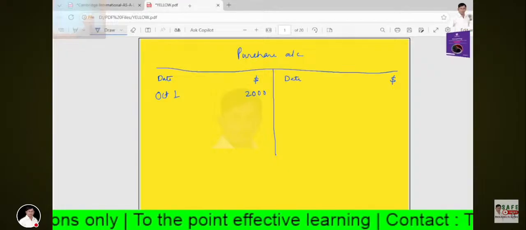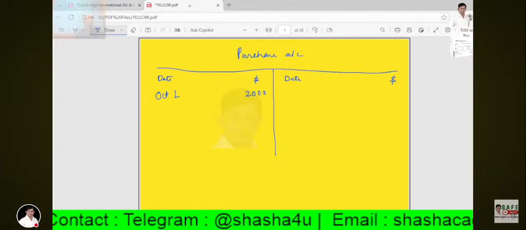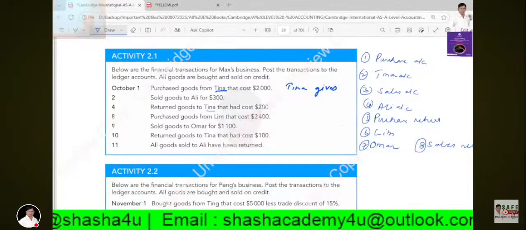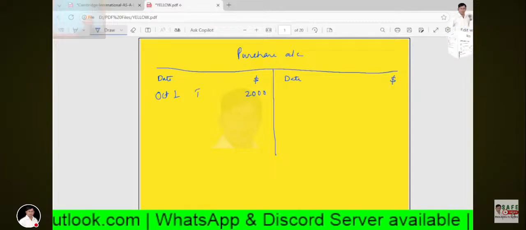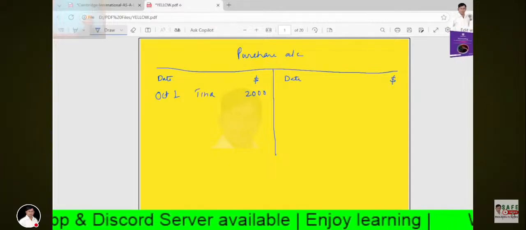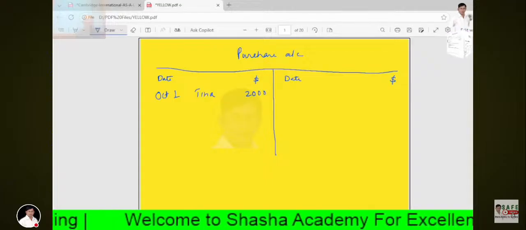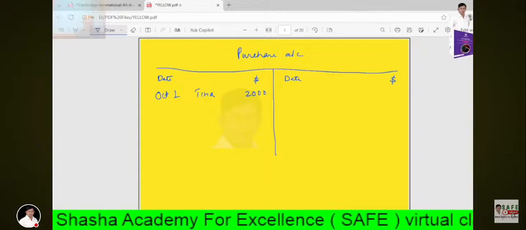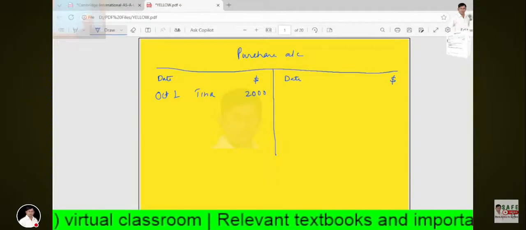Purchase account debit means the purchase account is debited. With whom? From whom have you purchased? You have purchased from Tina. The purchase account has been debited and Tina's account has been credited. This is the completion of the entry. So we have to prepare Tina's account.